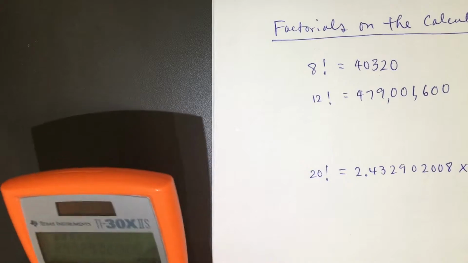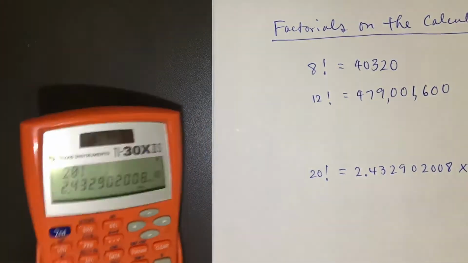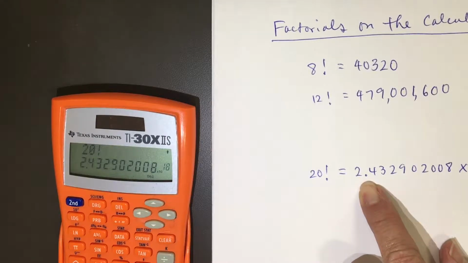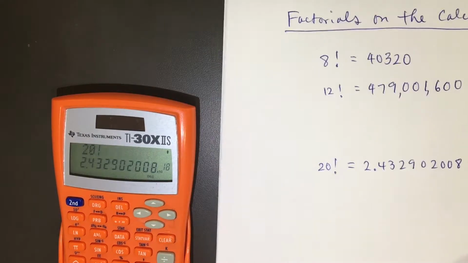That means for standard form, I would have to take this decimal and move it 18 places to the right. I would have to tack on zeros to accommodate 18 places to the right. And that's with 20 factorial.